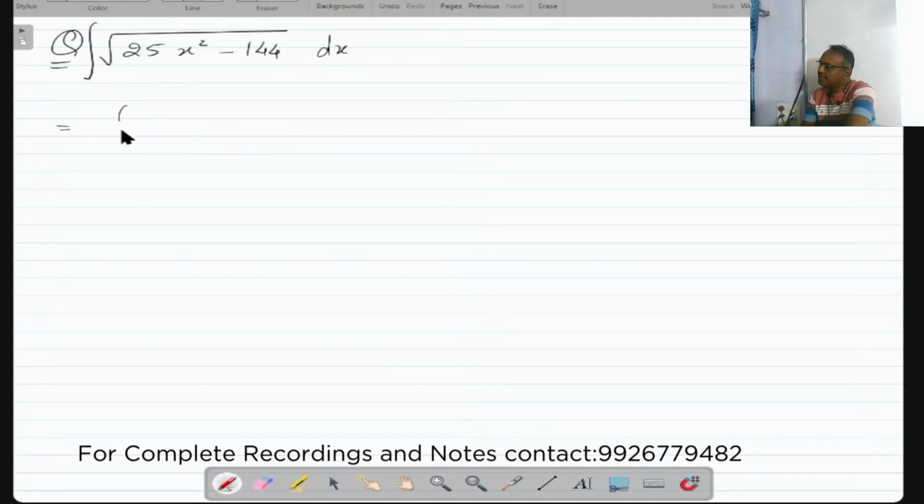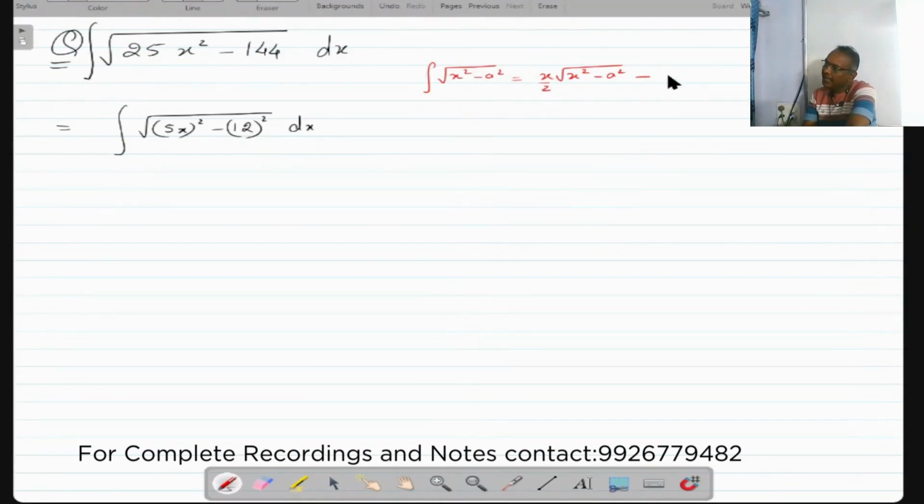The method is you will write this as 5x whole square minus 12 का square. ठीक है, and the formula for x square minus a square was x by 2 root x square minus a square minus इसी में आता है a square by 2 log of x plus root over x square minus a square plus c. Was this the formula?